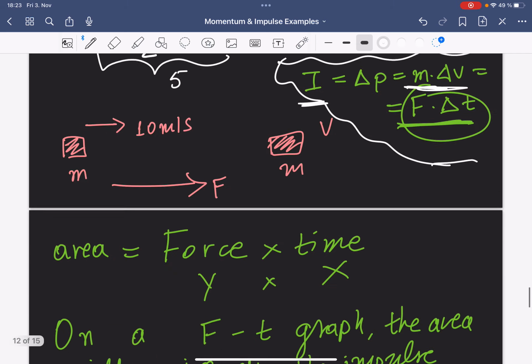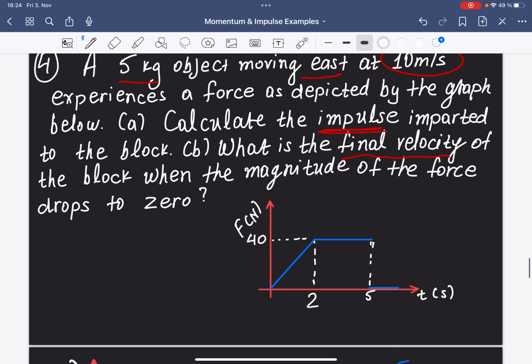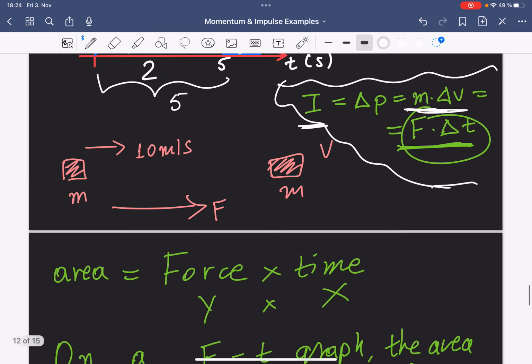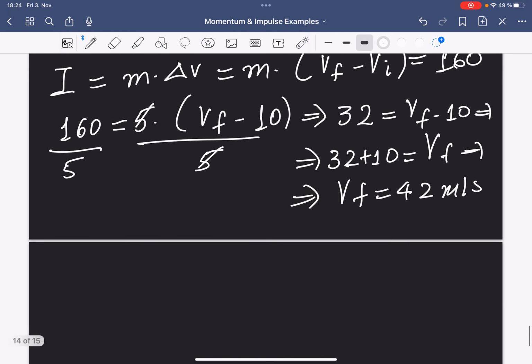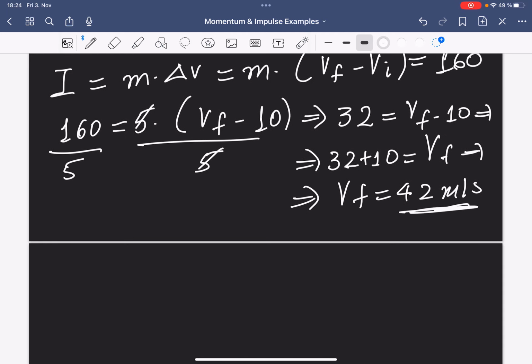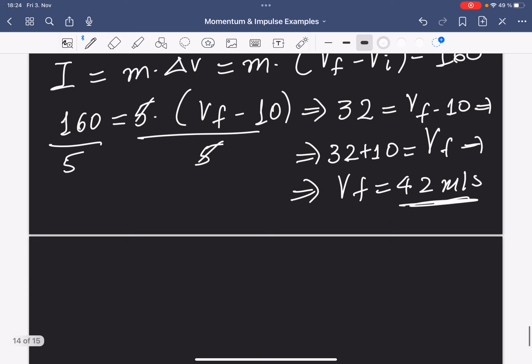Now the question is about the final velocity, not speed, velocity, which means we need direction. So this is 42 meters per second, and that's the magnitude, and the direction is east. Why?